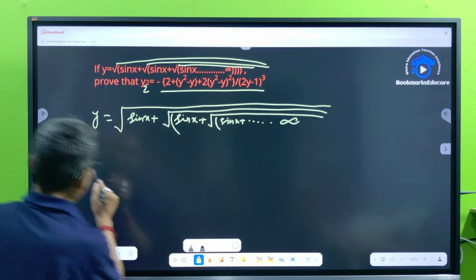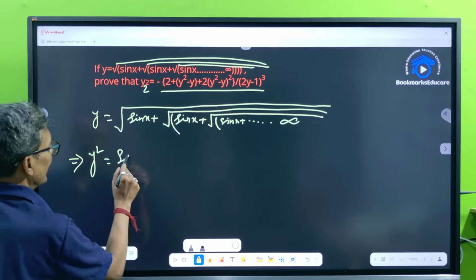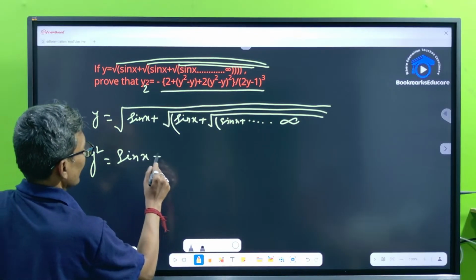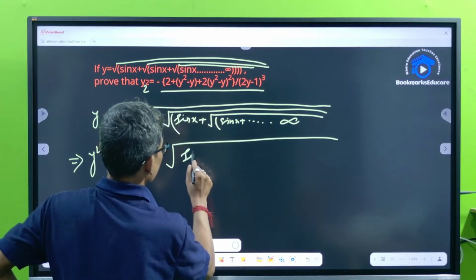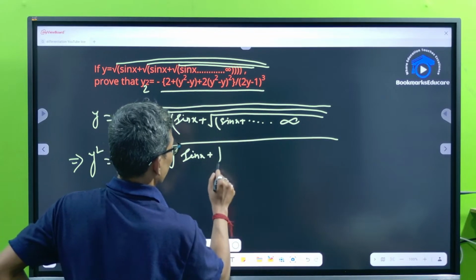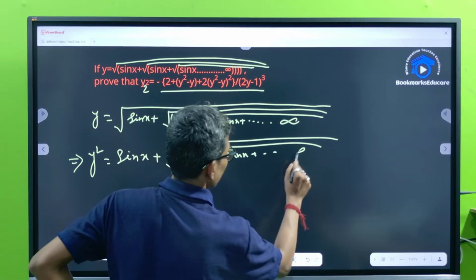So squaring on both sides, y square is equal to sin x plus root over of sin x plus root over of sin x, and it's going on.